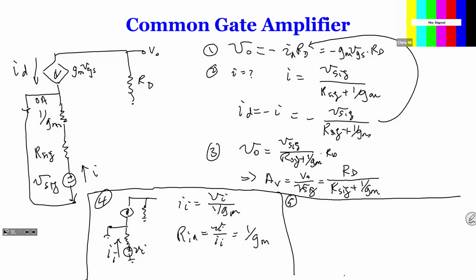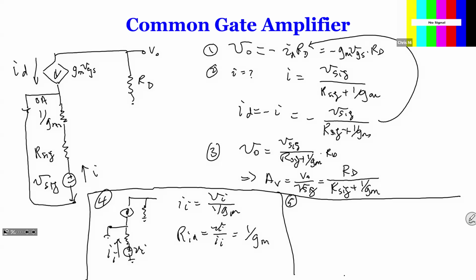But also, of course, we short the source. This is also very important, because, as I said, this RSIG is part of the input voltage, so we're going to short the whole thing over here. Now, if you only short the voltage source, you can get a different output resistance that will include RSIG. But the problem is that when you replace this source with a different source, the output resistance actually changes.